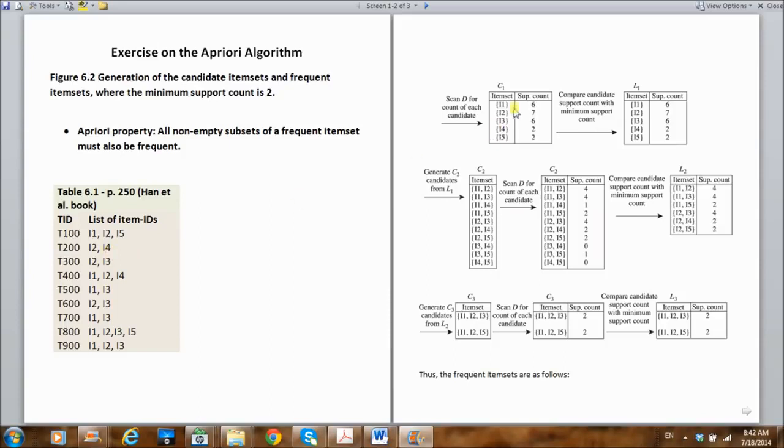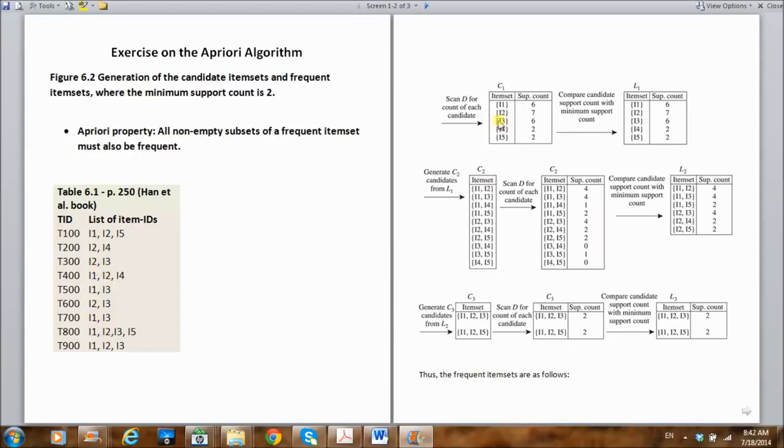Let's look at I1, item 1. 1, 2, 3, 4, 5, 6. So the support count is 6. Let's look at item 2. 1, 2, 3, 4, 5, 6, 7.